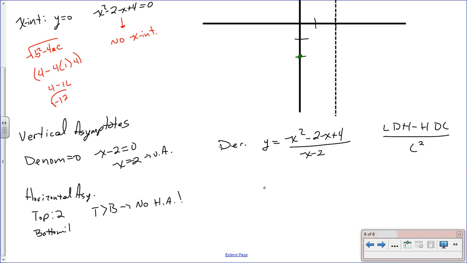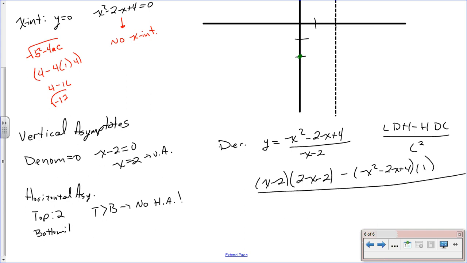So low x minus 2, d high 2x minus 2, minus high x squared minus 2x plus 4, d low, which is 1, over the bottom squared, x minus 2 quantity squared. That is y prime.